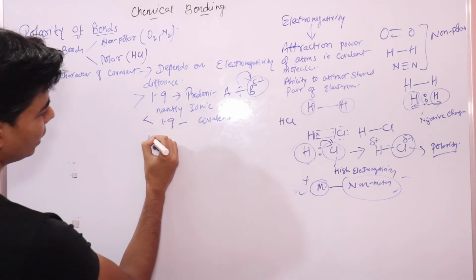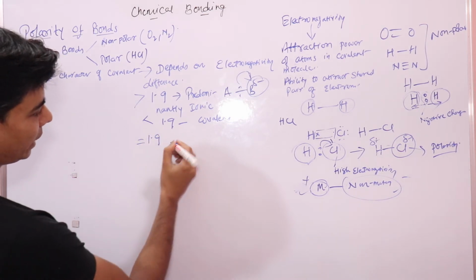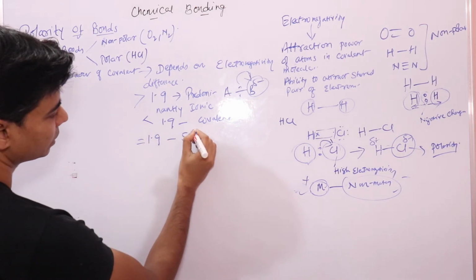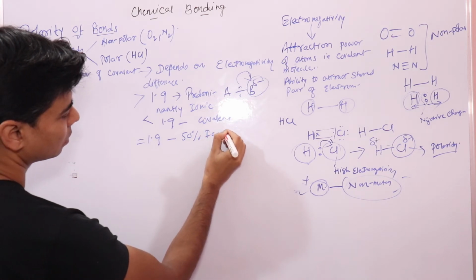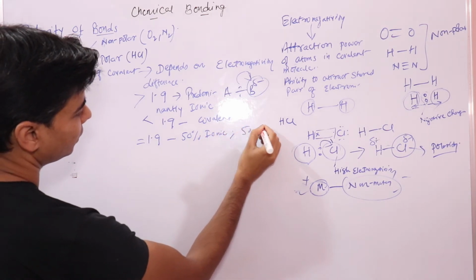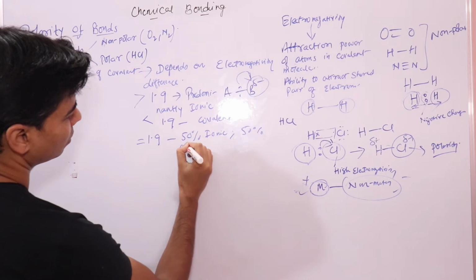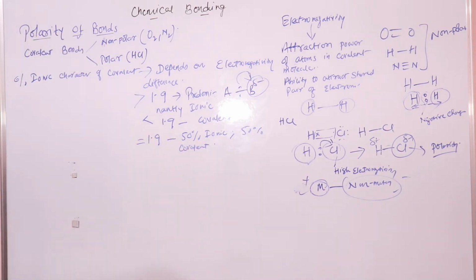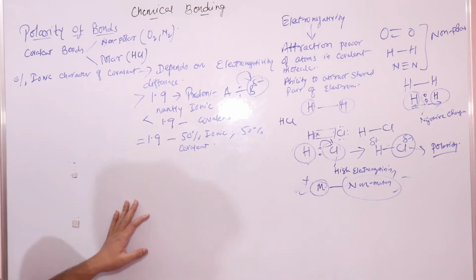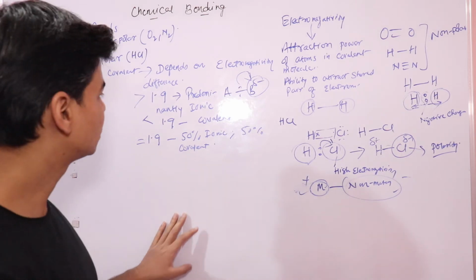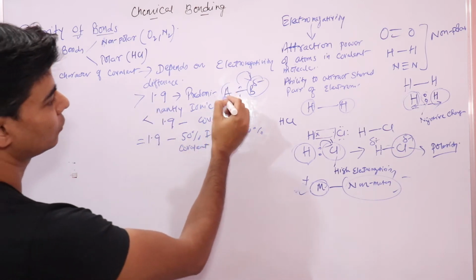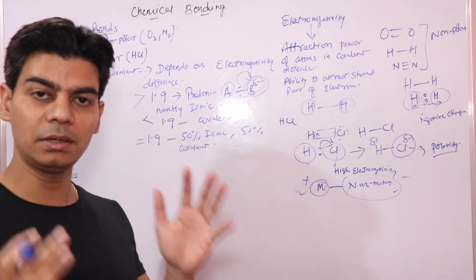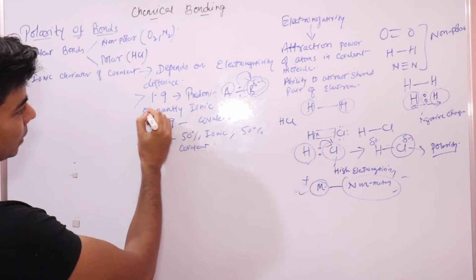And if the electronegativity difference is equal to 1.9, then the bond is 50% ionic and 50% covalent, right? So this is how you will determine the percentage ionic character based on the difference in electronegativity of the two combining atoms in a covalent molecule.